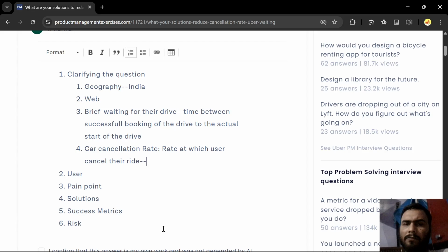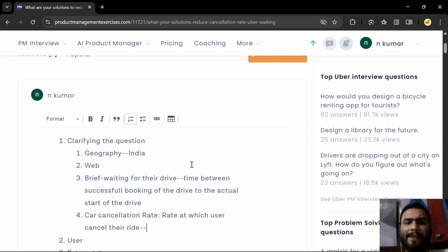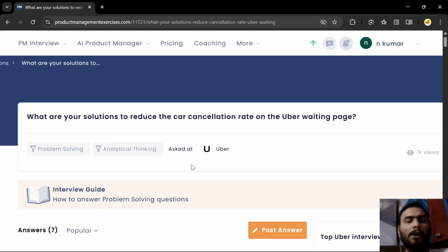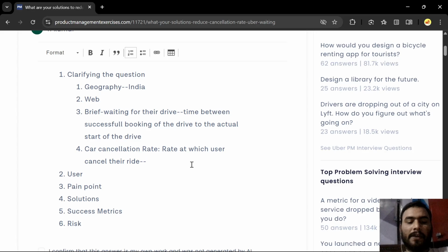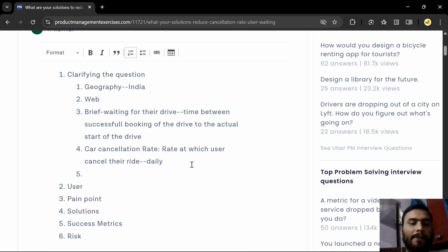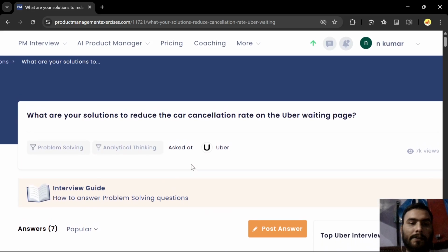Now we have not been given whether this is a weekly or a daily rate or a monthly, it could be anything, yearly. Now for this, let's say I'm saying daily rate for a particular day, and anything else.